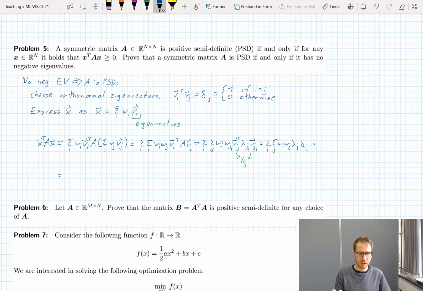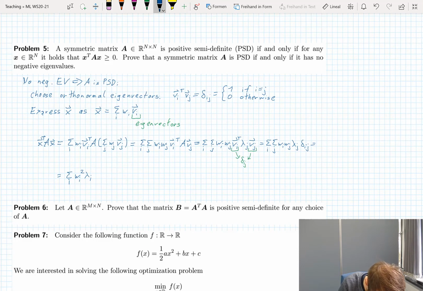That's a property of the delta. It's also valid for integrals, but the delta function is a bit more involved on the mathematical side. So what we can say is that the sum over j goes away, and we're only left with w_i squared lambda_i. So always having a delta basically just means you can set one of the indices to the other index.